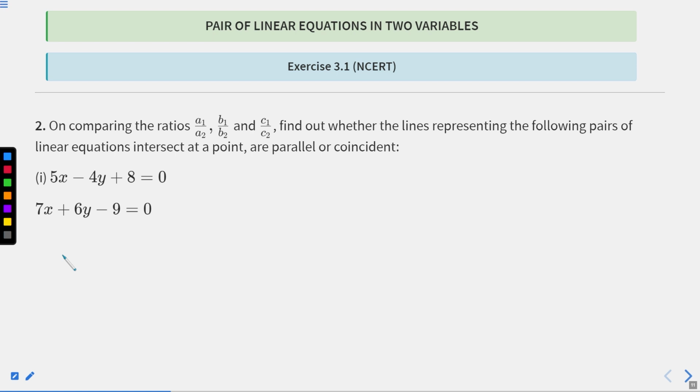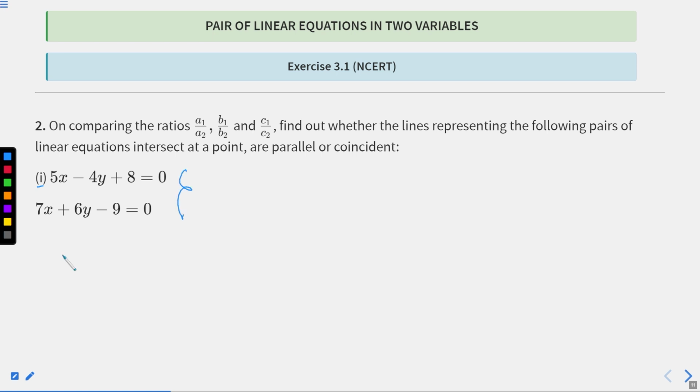Here in question number 1 we have the pair of linear equations 5x minus 4y plus 8 is equal to 0, and 7x plus 6y minus 9 is equal to 0.